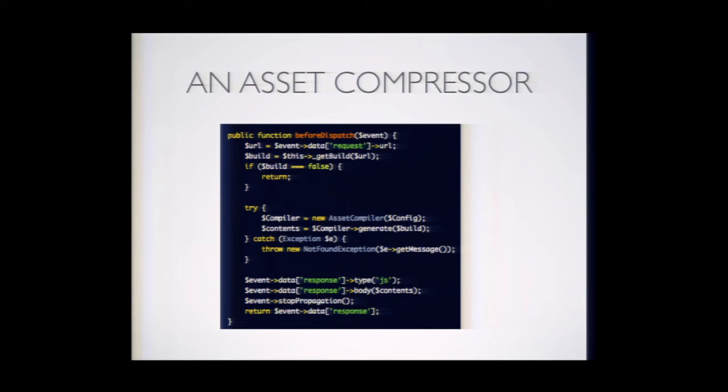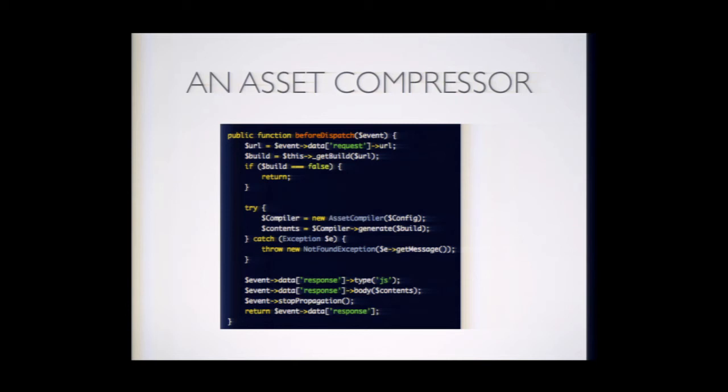So this is an example of an asset compressor. This is a good example. Actually, this is the thing that I broke on CakePHP, on Mark Story's asset compressor. He had this plugin using a controller to dispatch JavaScript and CSS compiled and compressed. So I made it into a dispatcher filter.